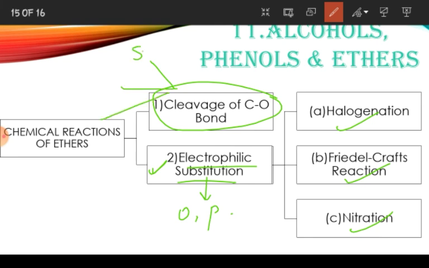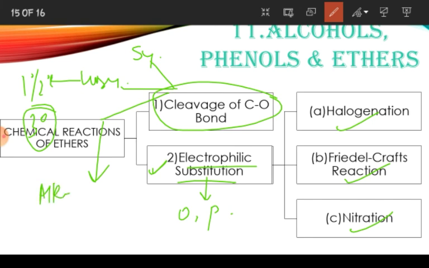First is for symmetrical ethers, second for unsymmetrical ethers, where there were two conditions: either 1 degree or 2 degree, or 3 degree, then we will get the 3 degree in the halide part. And third were the conditions for alkyl aryl ethers.